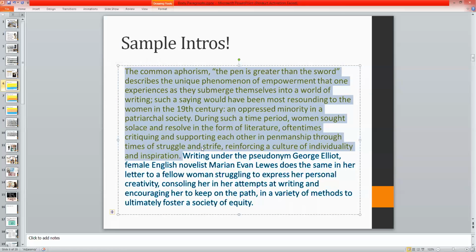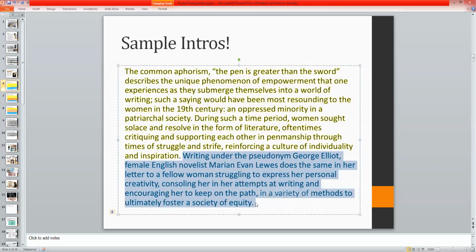And in the blue is where we get thesis, which includes also like rhetorical situation, and the author puts the 2 together basically. They write, writing under the pseudonym George Eliot, female English novelist Marian Evan Lewis does the same in her letter to a fellow woman struggling to express her personal creativity, consoling her in her attempts at writing, and encouraging her to keep on the path in a variety of methods to ultimately foster a society of equity.